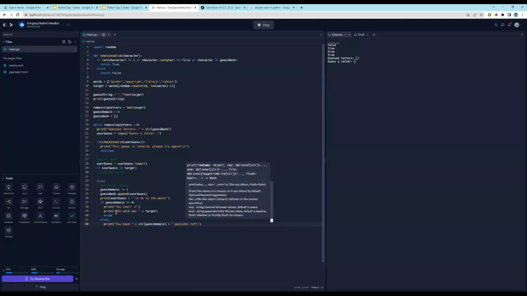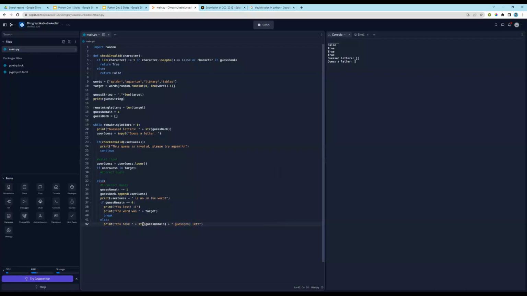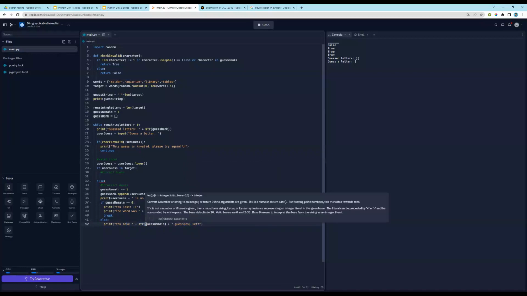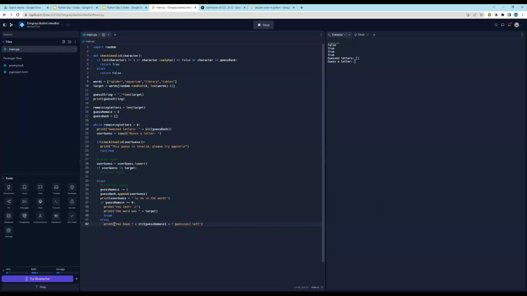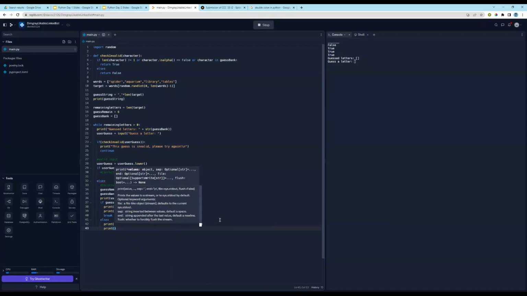The reason why we have to change this into a string here is because we're combining a number with a string. So we have to cast it into a string first, then we can actually get the result out. So at the end, if they have more tries, we have to print out our guessed input, the get string.